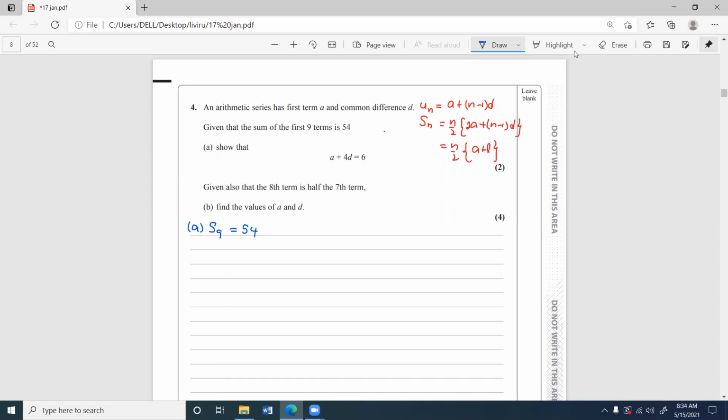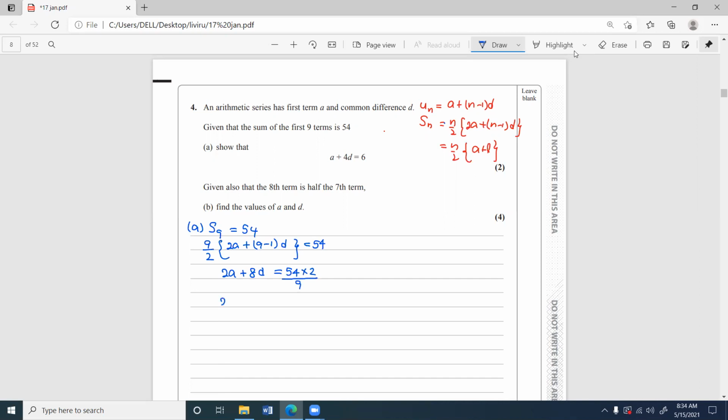Show that this, then we write the expression for S9. According to this formula, 9 divided by 2 times (2a plus (9 minus 1)d) is equal to 54. If you want, you can take this 2 and 9 to the other side: 2a plus (9 minus 1) is 8d, equal to 54 times 2 divided by 9.